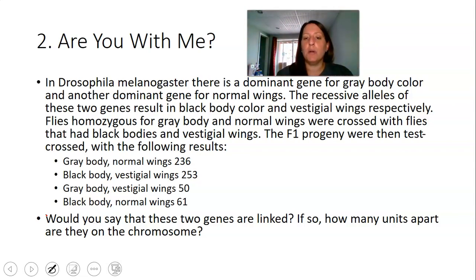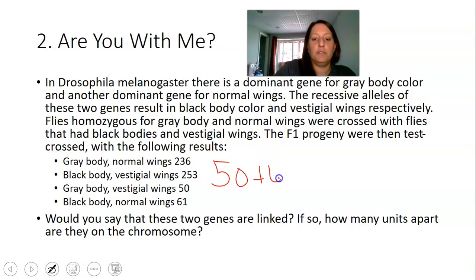I'm going to take the number of recombinant flies, so that's going to be 50 plus 61, these are the recombinant flies, divided by the total number of flies.